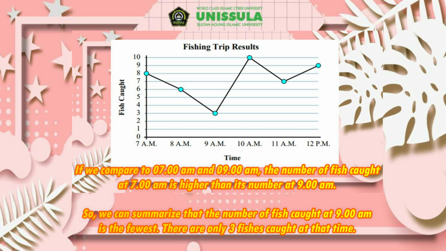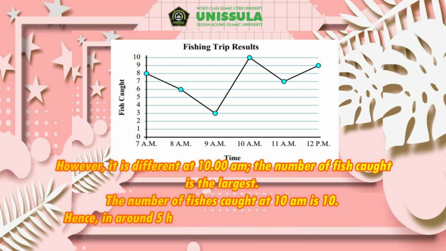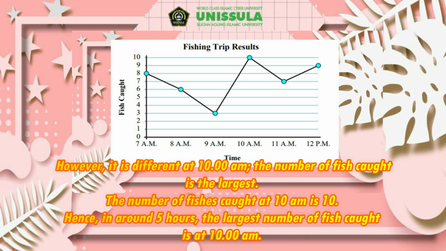The next sentence for describing: we can summarize that the number of fish counts at 9 a.m. is the fewest. There are only 3 fishes caught at that time. However, it is different at 10 a.m. The number of fish caught is the largest.